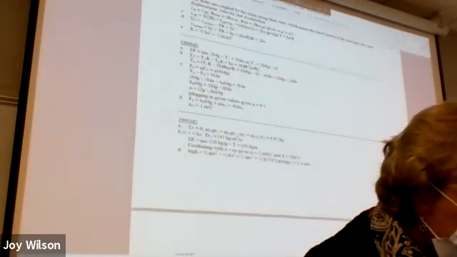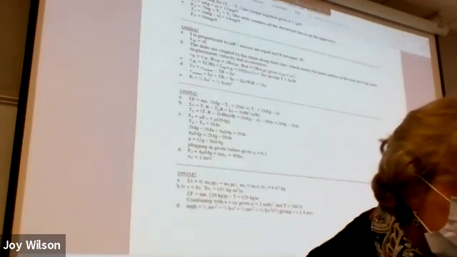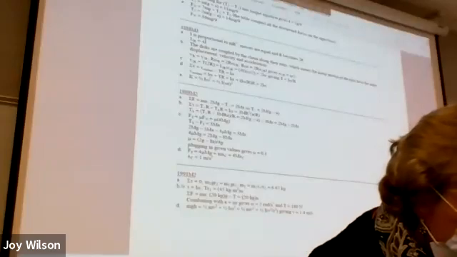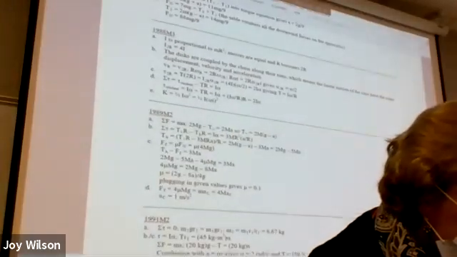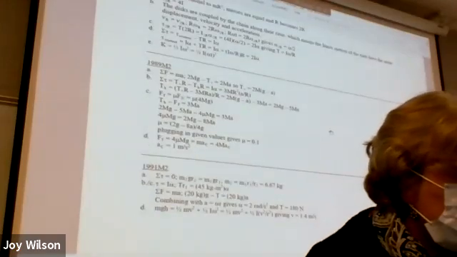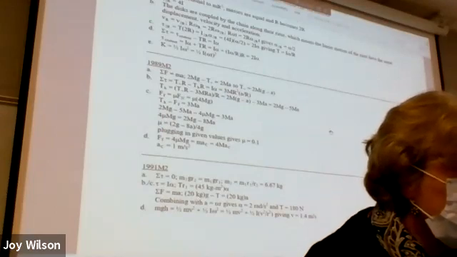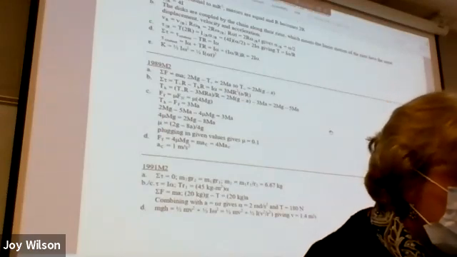1989. There it is. Okay, so you should have, for letter A, the sum of the forces is 2mg minus T. So you get 2m times g minus a, or 2mg minus 2ma for part A. Perfect.